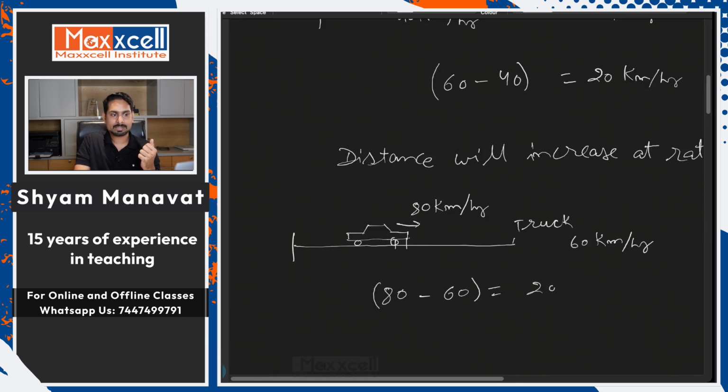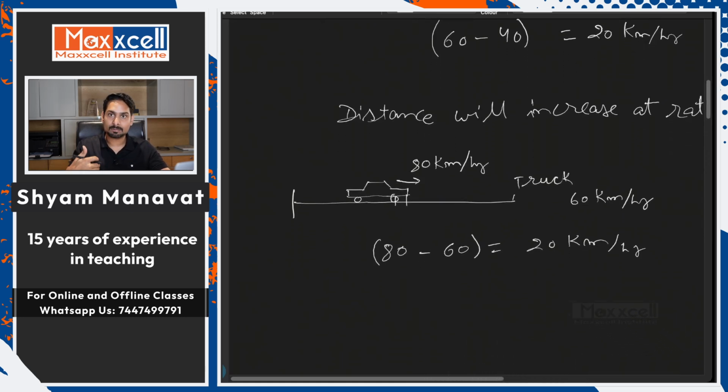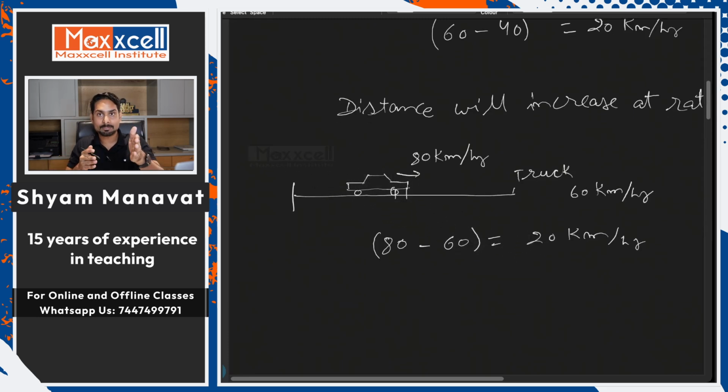it is still 20 kilometers per hour, but because the follower is faster, the vehicle behind is faster, you are driving with a higher speed, so you will come closer to the truck, and at one point of time you will be parallel to the truck, and then you will overtake, right?